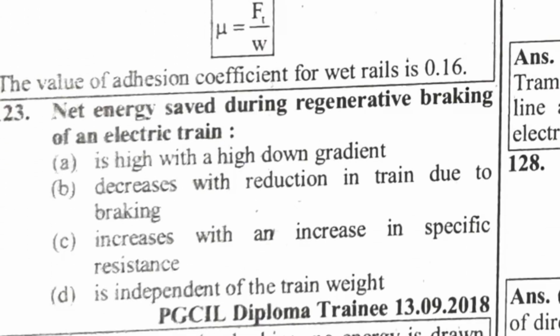Net energy saved during regenerative braking of an electric train is high with high down gradient.